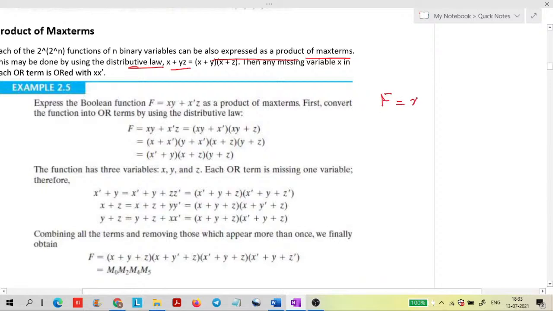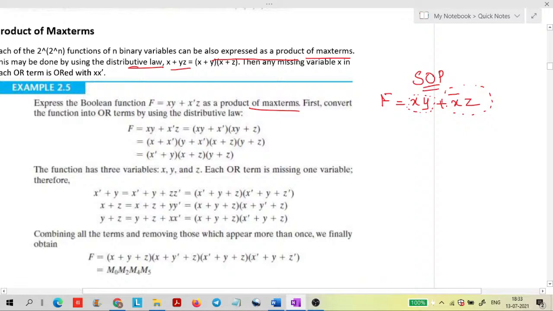So what is the function? F is equal to x into y plus x bar into z as a product. Now this particular term is one product term, and it is called a sum of products form.